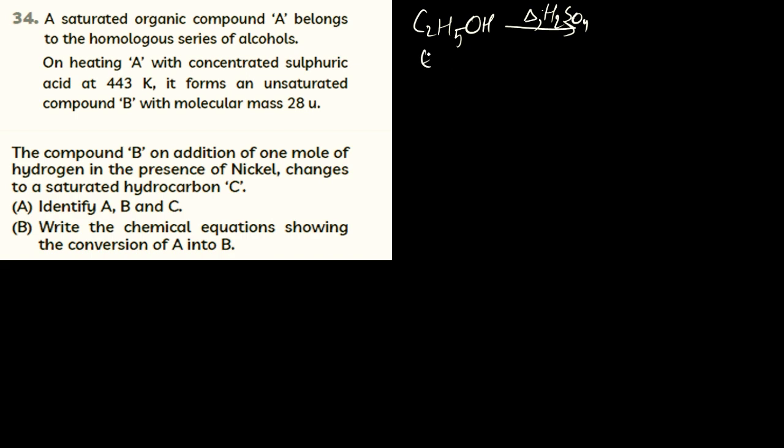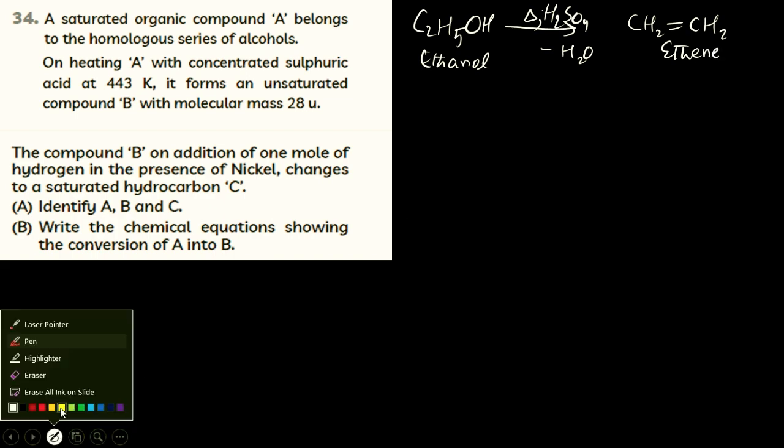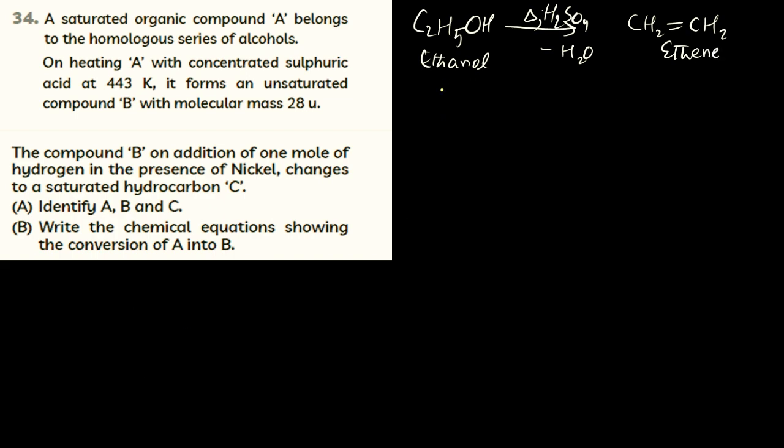So it is dehydration of alcohols. Dehydration of ethanol will take place, and when one water molecule from ethanol is lost, it changes into CH2 double bond CH2. This is ethene. So we got some answers over here. First, it is a saturated compound A. This is A.